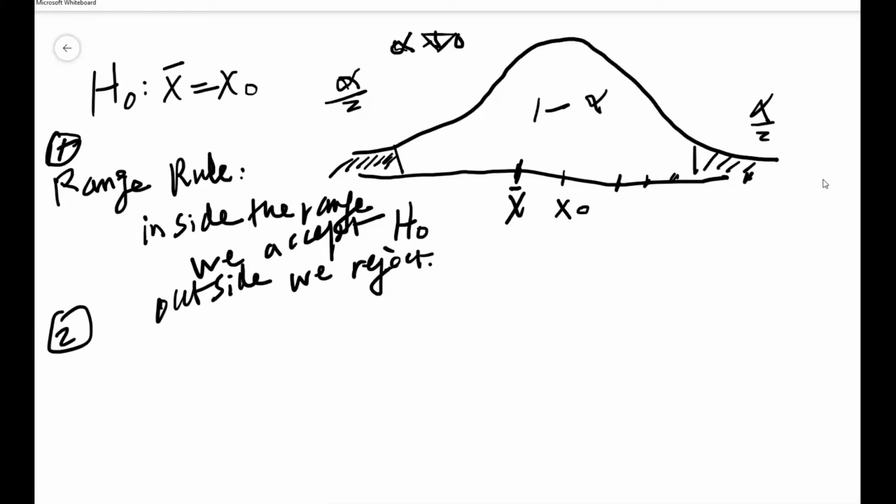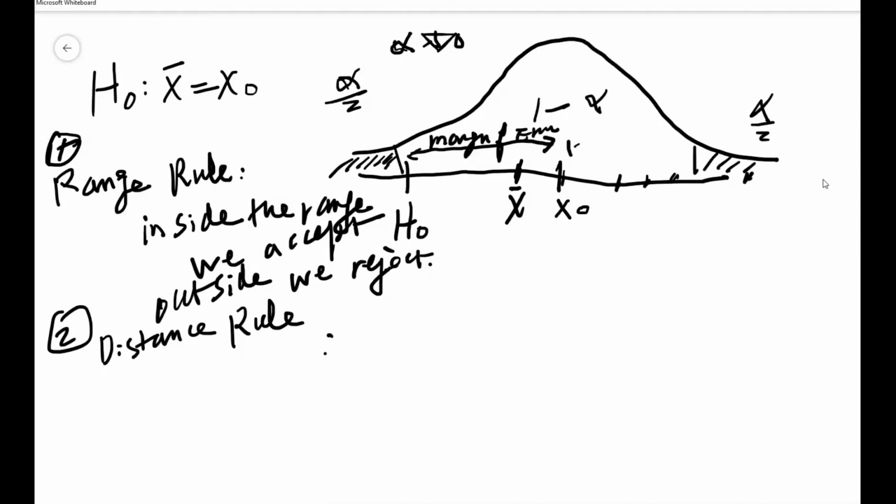The second one, I call the distance rule. We know from the previous one, from here to here, this is our margin of error. This is also the margin of error.